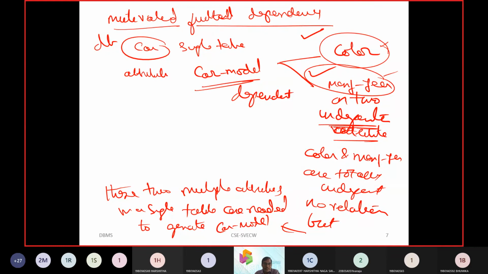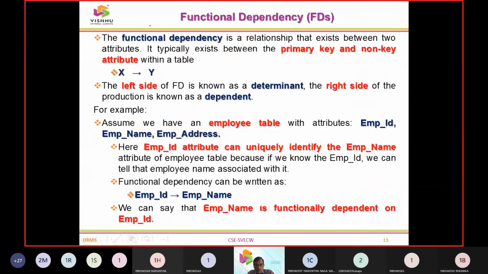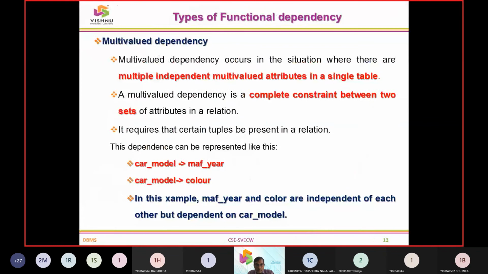Got it? So in order to generate car model, we need to use two multiple attributes which are not related, but both of them are useful to get car model. That is where we call it multi-valued dependency.